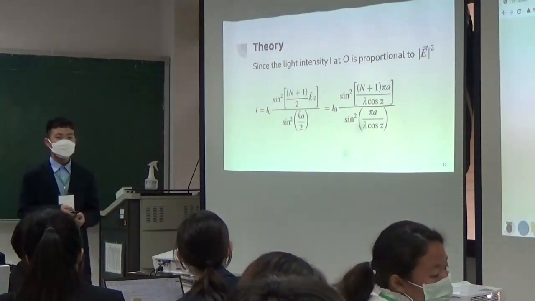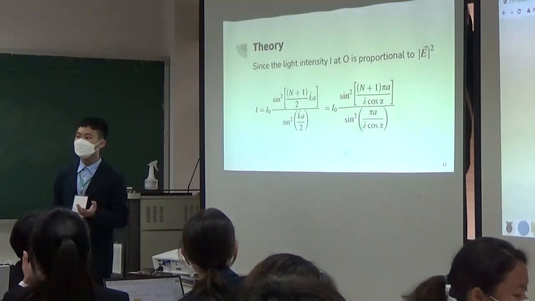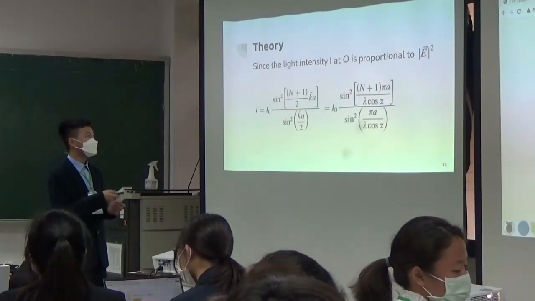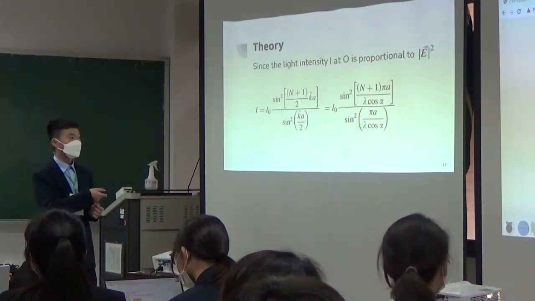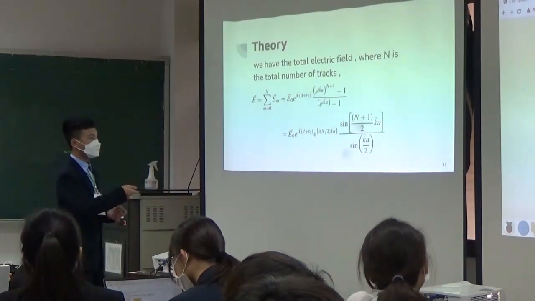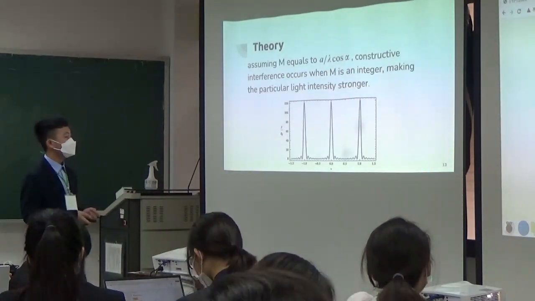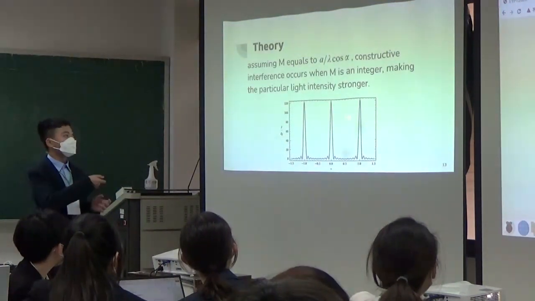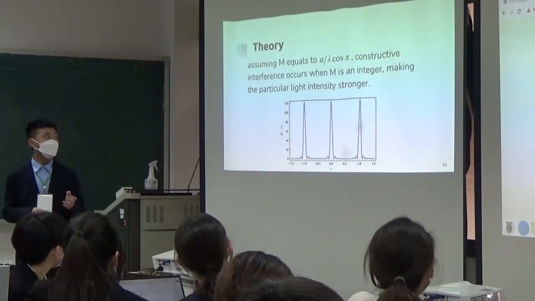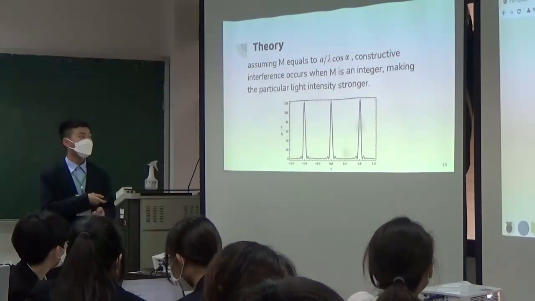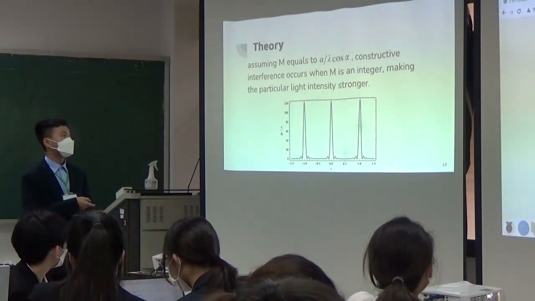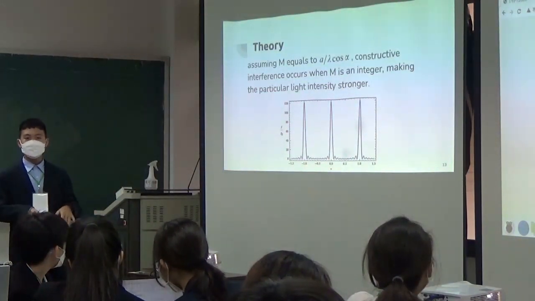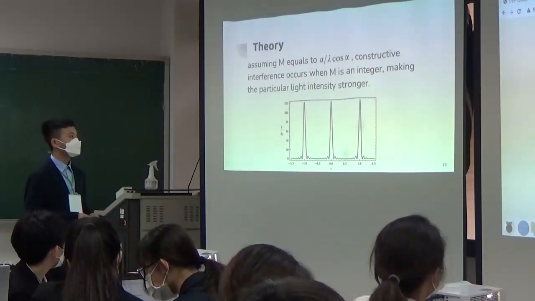Since the light intensity is proportional to the square of the electric field, we can get this formula. The other theory is that if m, an integer, equals a over lambda times n cosine alpha, a constructive interference occurs and the intensity obviously increases.